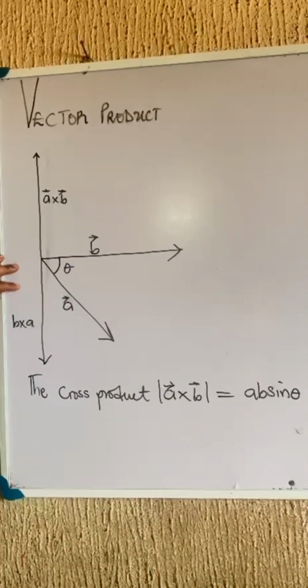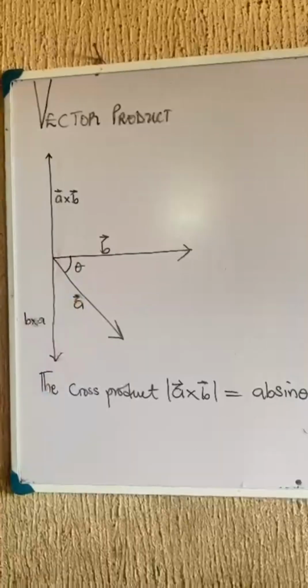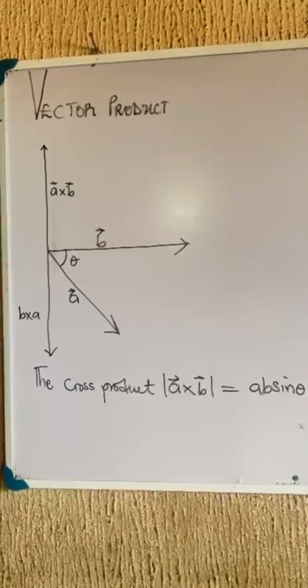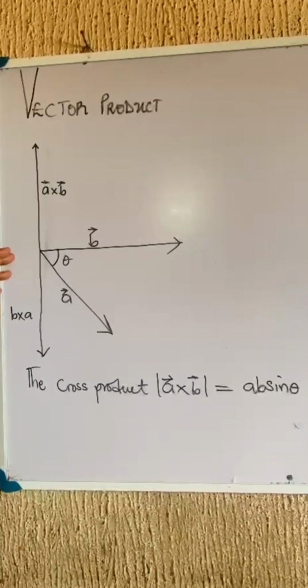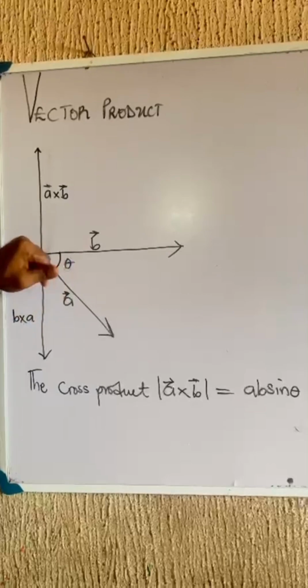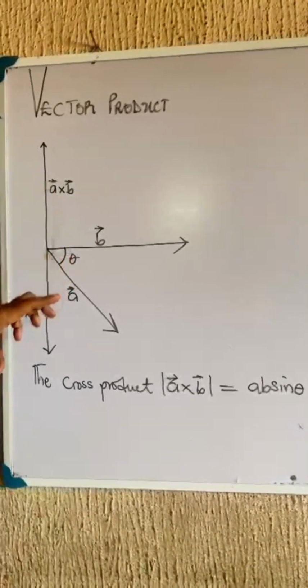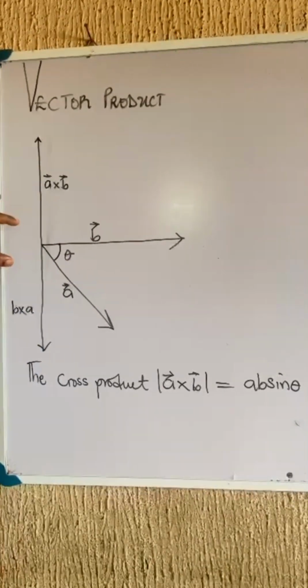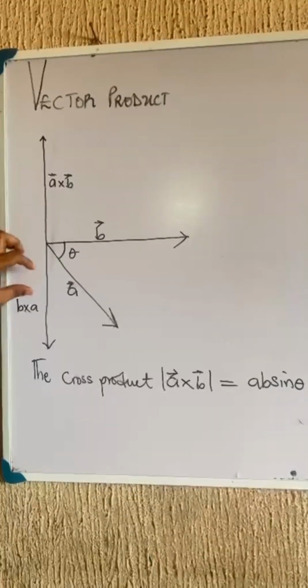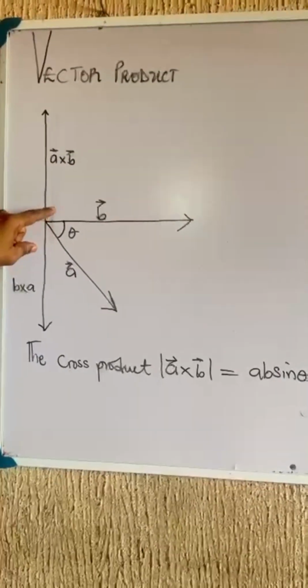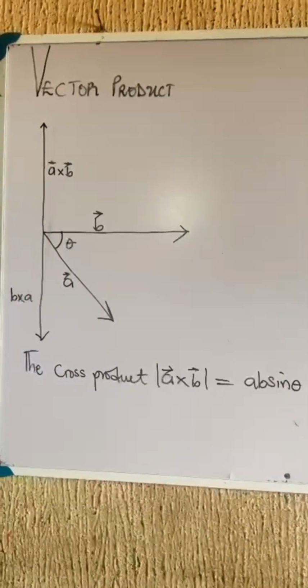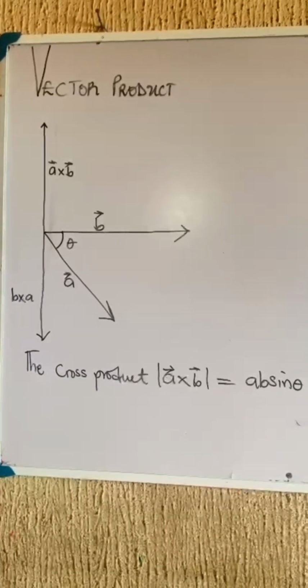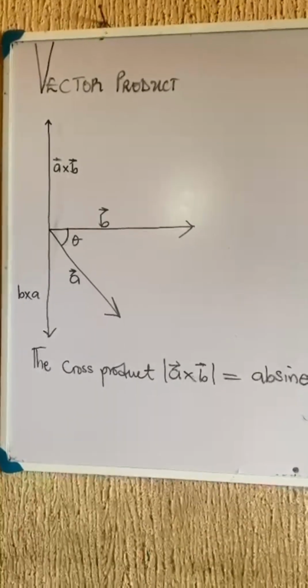The vector product is perpendicular to the 2 vectors being multiplied. That is why in the diagram you can see here, we are multiplying vector A with vector B, but the outcome is perpendicular to both of them. That simply means the angle between the outcome and the 2 vectors you are multiplying is a right angle. That is why we call it the cross product of 2 vectors.